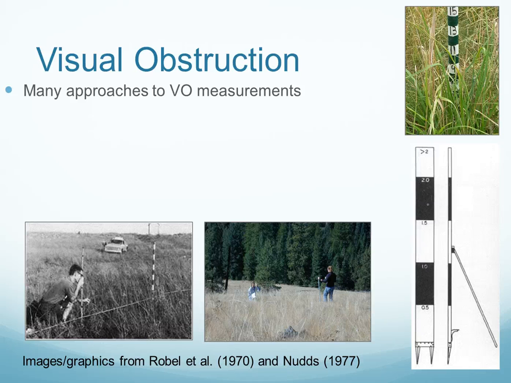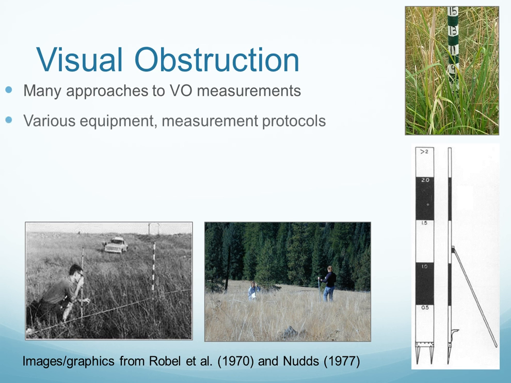Robel and others reported on using a cover pole in 1970, and Nudds reported the cover board. A cover board is usually about 2 meters tall, made out of plywood, and quite a bit taller than it is wide.